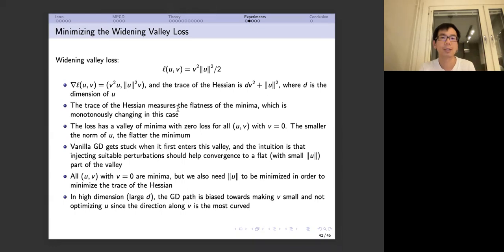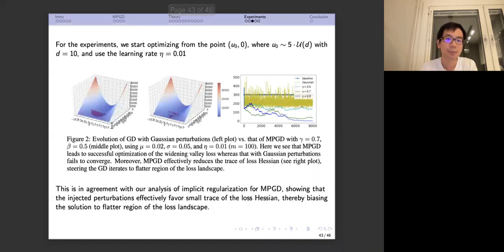So the intuition is that you should inject some noise to move the iterate into other regions of the landscape. We show that if we use Gaussian noise, then sure, you can move around the neighborhood of the initial point, but it won't really converge to the desired minimum.